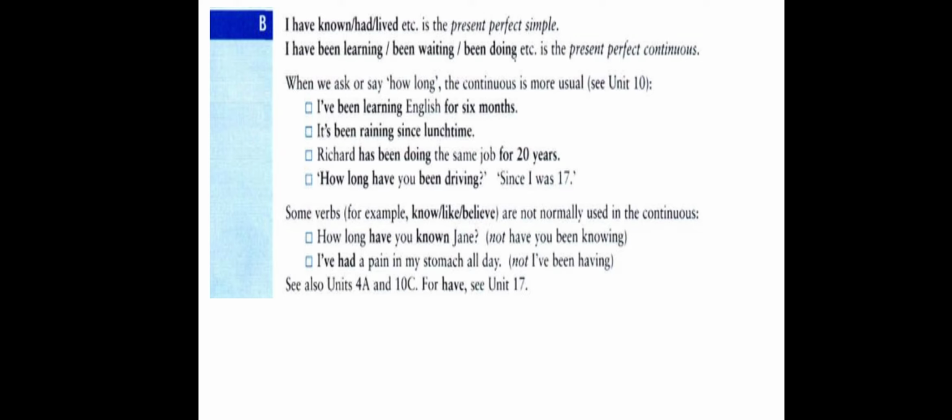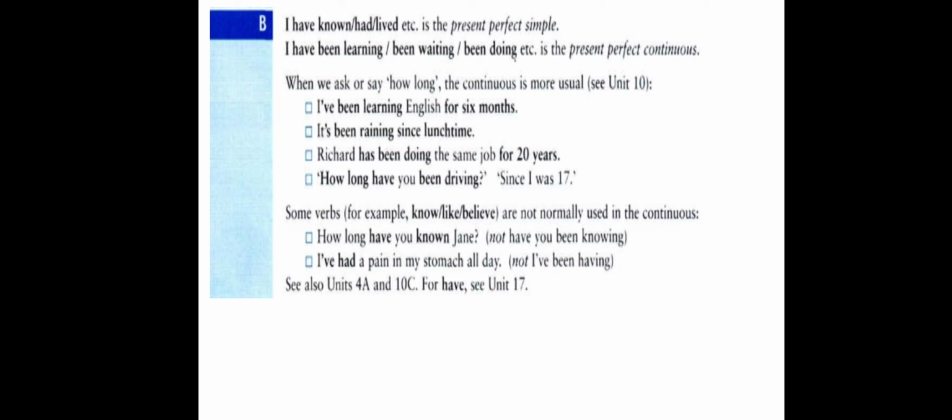So we use the present perfect continuous to ask about the period covered by the action that started in the past and continued until now. How long have you been driving? Since I was 17.